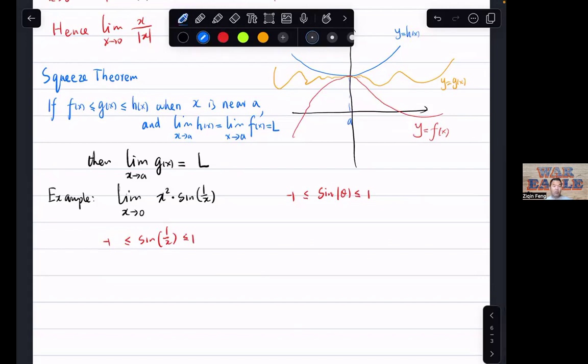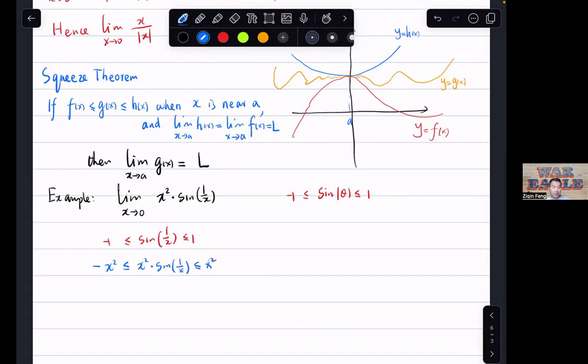Which means when you multiply by x squared on all three sides, left, middle, right, of our inequality, the direction of the inequality doesn't change. You get negative x squared less or equal to x squared times sine of 1 over x less or equal to x squared.